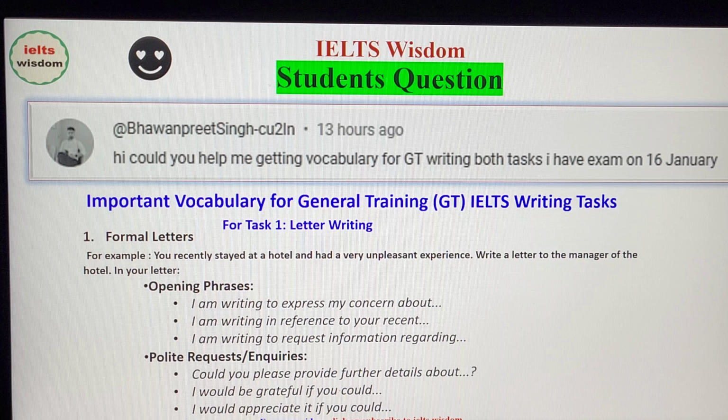For this, as you are already aware, in the general training, only task one is different, right? In task one, academic students have a chart or any kind of chart or tables. But in general training, on the other hand, task one has letters, also divided in two parts, like formal and informal letter.